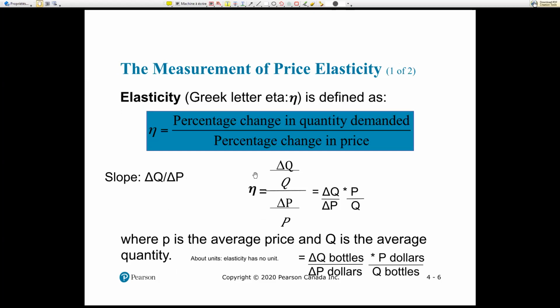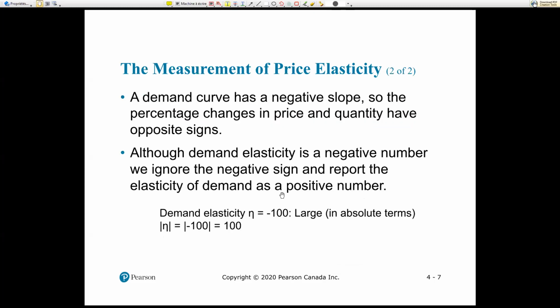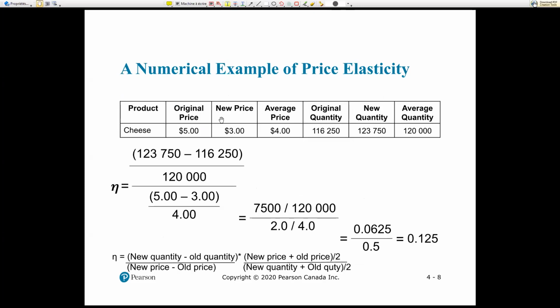So if we think that this is their formula, eta is delta Q over Q divided by delta P over P, then delta P is new price minus old price. Okay, so if I take this, then new price is 3 minus old price 5. So yes, let's change that. I'm going to ask the other teachers about this because this seems quite weird to me. So it's 3 minus 5.